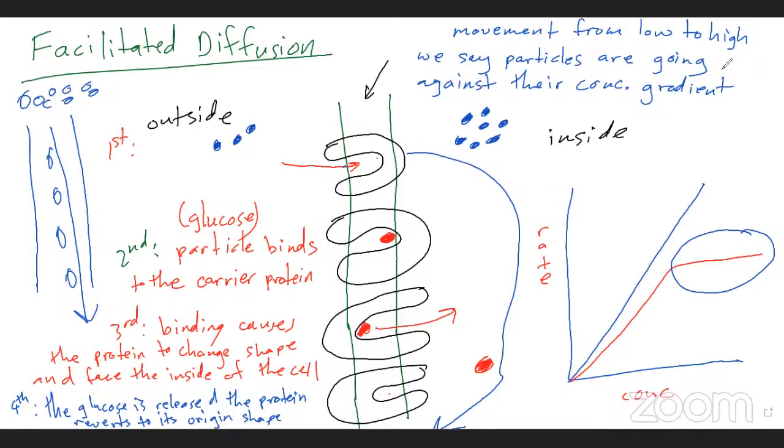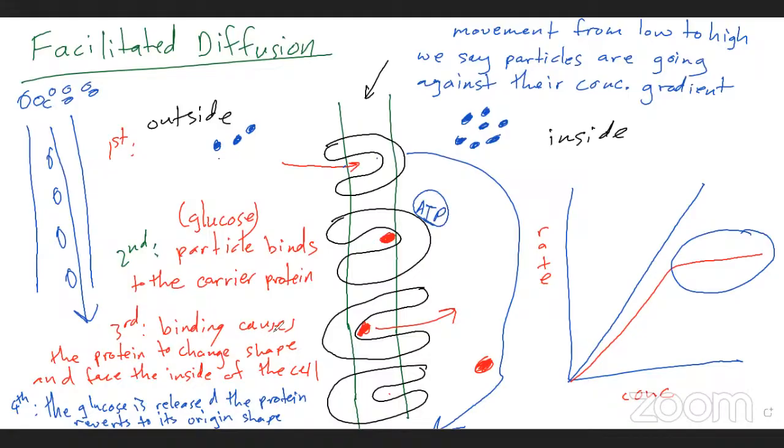So from low to high, they are going against their concentration gradient, so energy is needed. So the only adjustment to this is you put fewer molecules on this side and more on the inside, and you are going to attach ATP. So the glucose will bind and so will ATP.